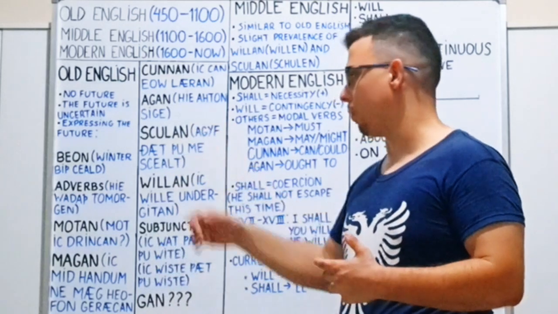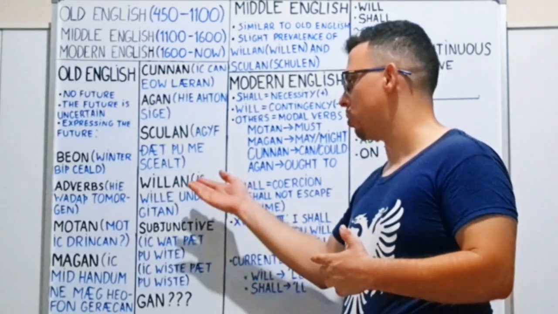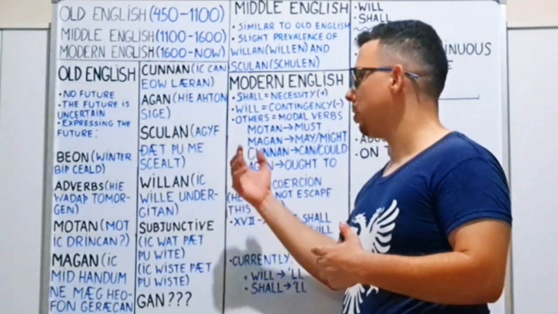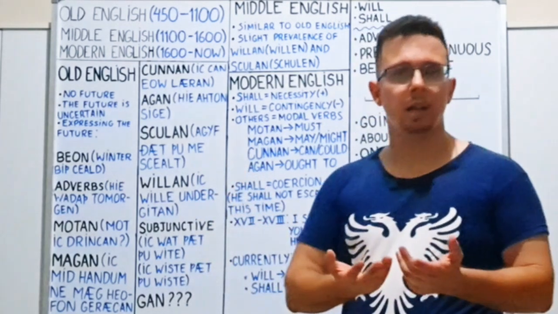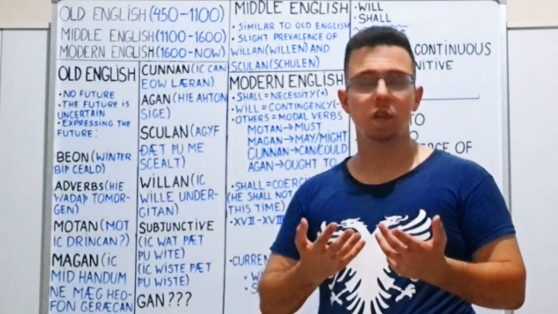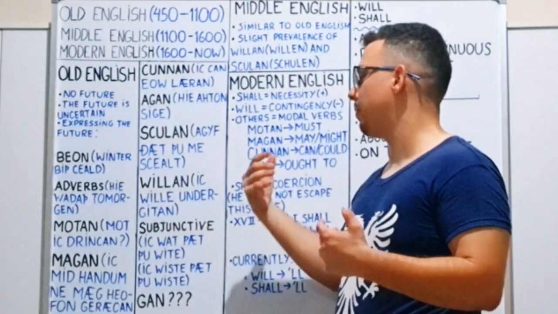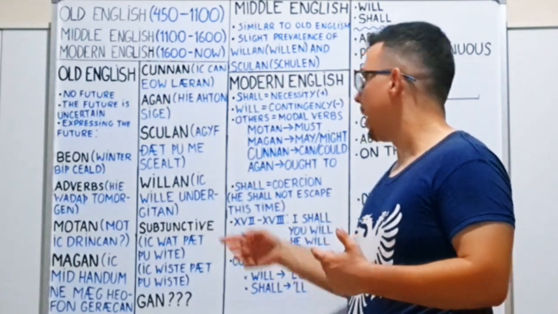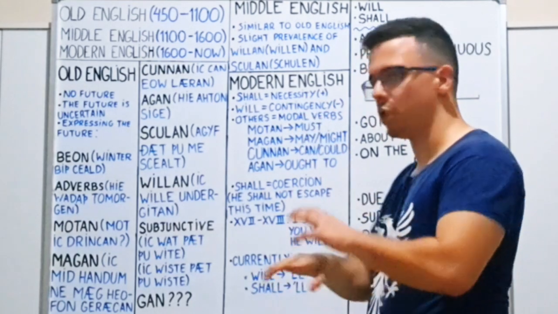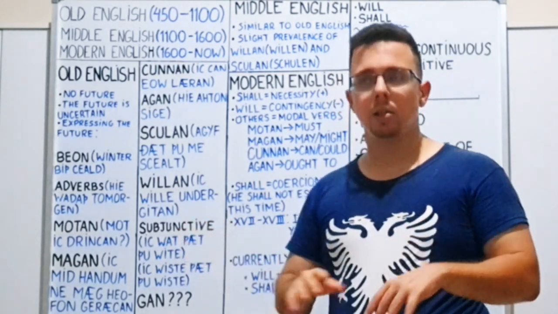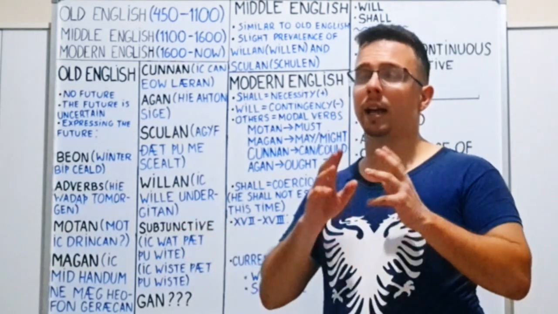So that was a personal future. Depending on the word that you would use, you would convey not just the idea of a future, but also how that future would come about. And here we have just two options, necessity and contingency, and here it's just the future, right? So it's not detailed at all.